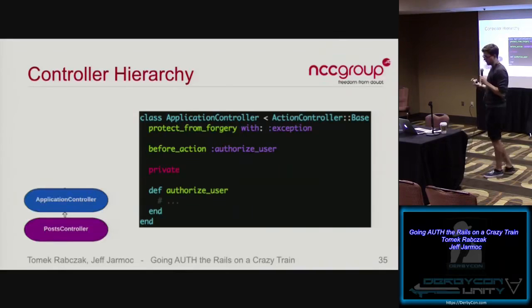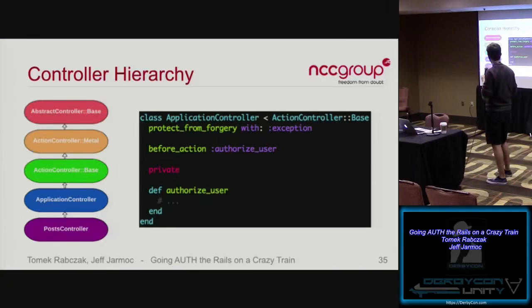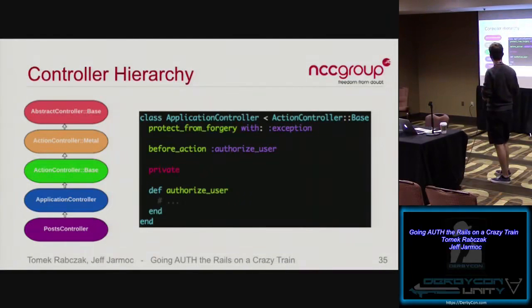So again, going back to the PostsController, that's going to inherit from ApplicationController. And then as you go up, you have more lightweight classes, and so you're going to start losing functionality that you get by default. So for example, we sometimes see applications where people inherit from ApplicationController::Base or ActionController::Base, and so they're going to lose things like CSRF protection.